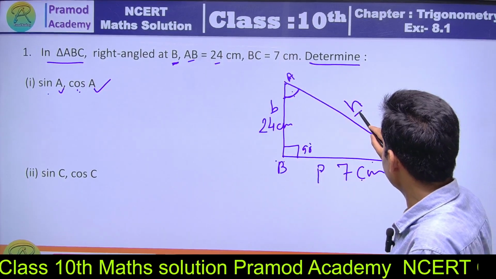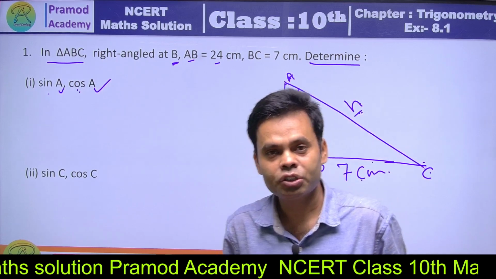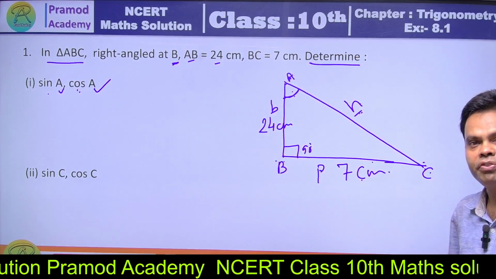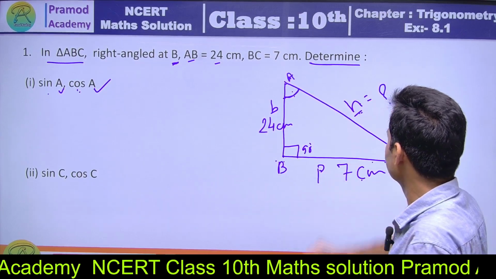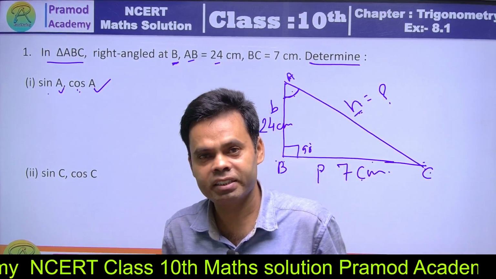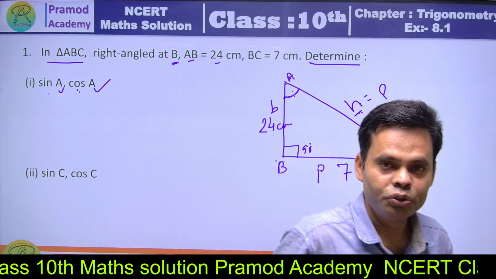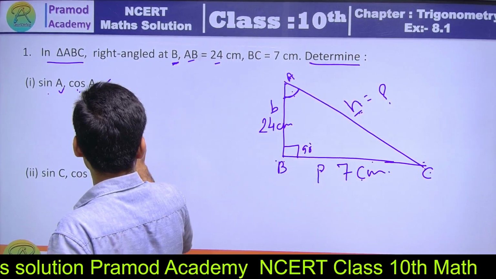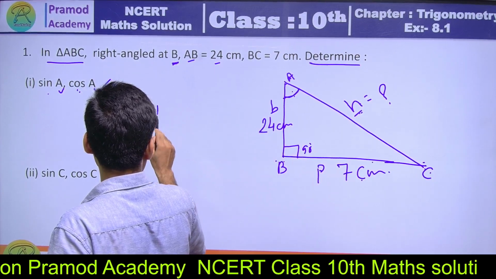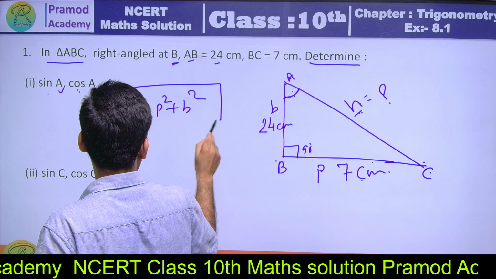But H is not given, so first of all I have to find the value of H. To find the value of H, I have to apply the Pythagoras theorem. As you know, the Pythagoras theorem has one formula: H square equals P square plus B square.